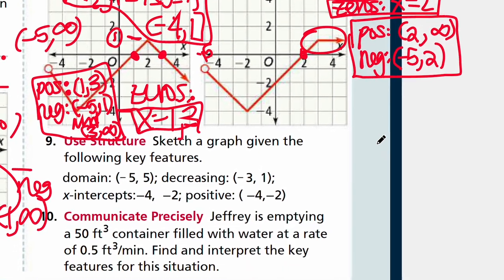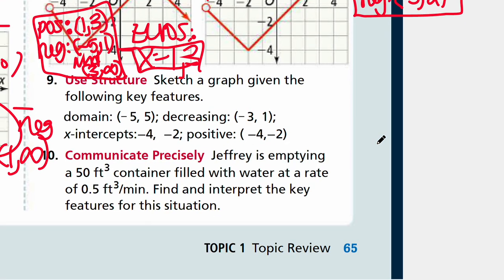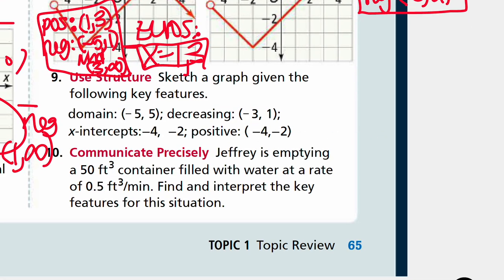Sketch a graph given the following key features. We have domain is from -5 to 5, and it's decreasing from -3 to 1 when x is -3 to 1. And then we have 2 x-intercepts, and it's also positive from -4 to -2.